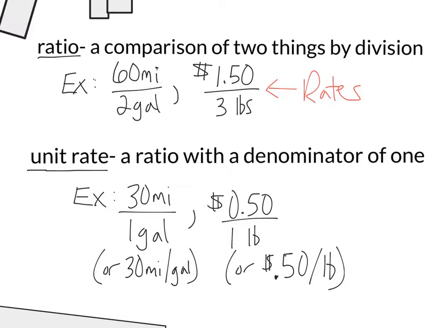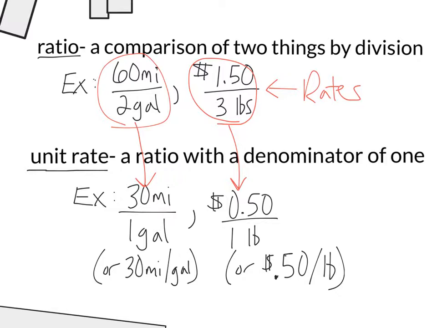So for example, we take our 60 miles for 2 gallons, and if we divide both the 60 and the 2 by 2, then we get 30 miles for 1 gallon, or you might hear it as 30 miles per gallon. $1.50 for 3 pounds, if we divide both of those by 3, that would give us 50 cents per 1 pound, or 50 cents per pound.